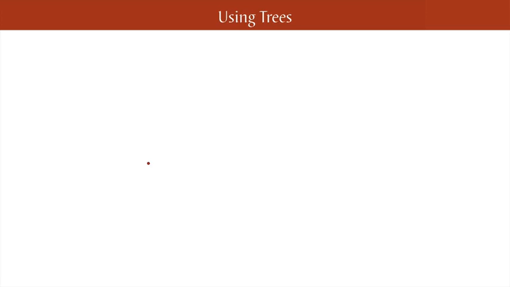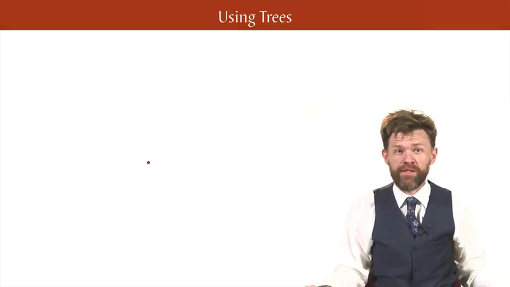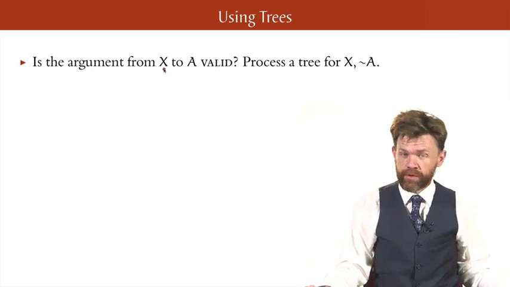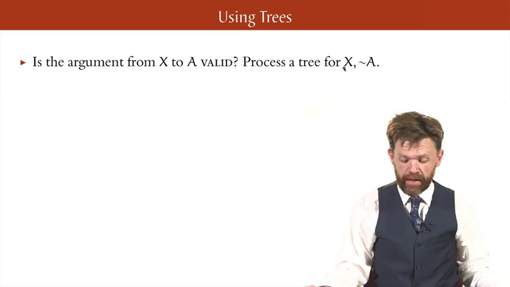Now we've seen one example of using a tree to test an argument. We can use trees to test arguments and classify formulas in general. Here's what you do. If you want to know whether an argument from premises to conclusion is valid, you process a tree for the premises and the negation of the conclusion.